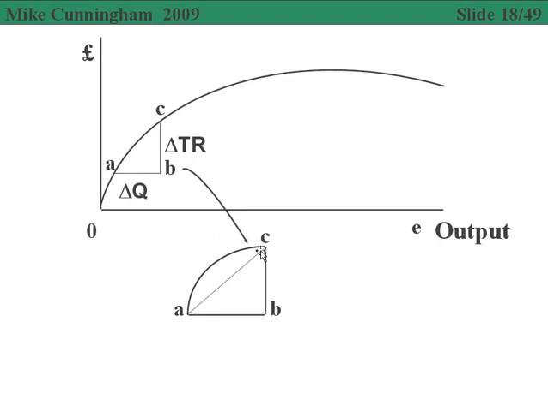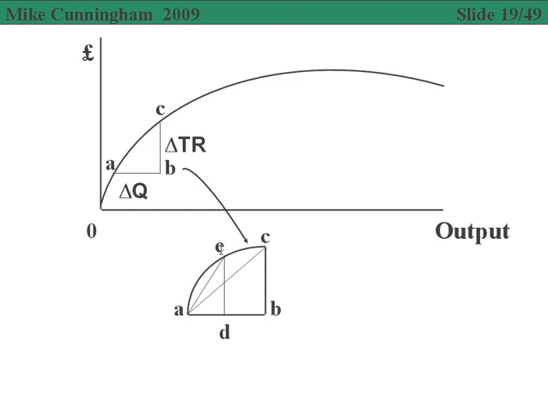So delta TR divided by delta Q will be the slope of that line there. You can see the original one was wrong. It was wrong because it was away from the true curve. The true curve was the curvilinear, this one here.